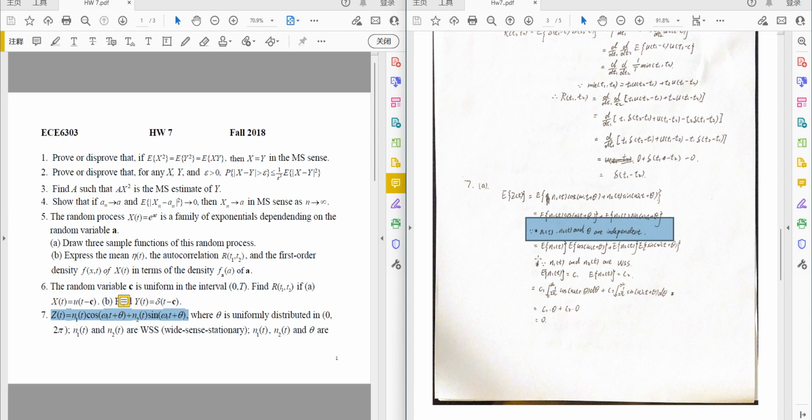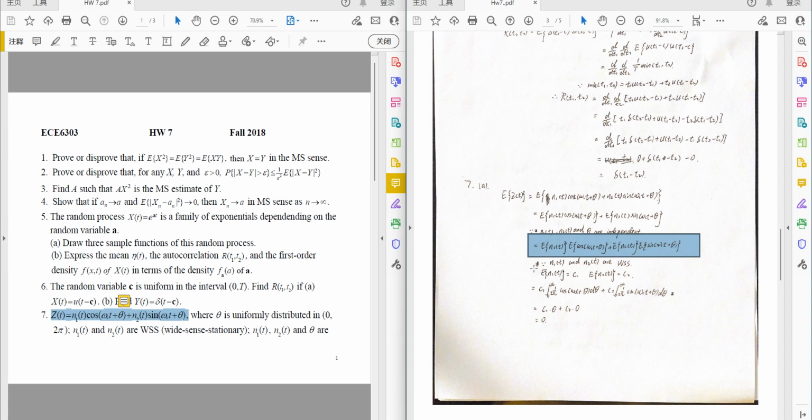So these two items can be divided into this multiplication. Now we can get this formula, composed of 4 terms, which are 4 expectations.